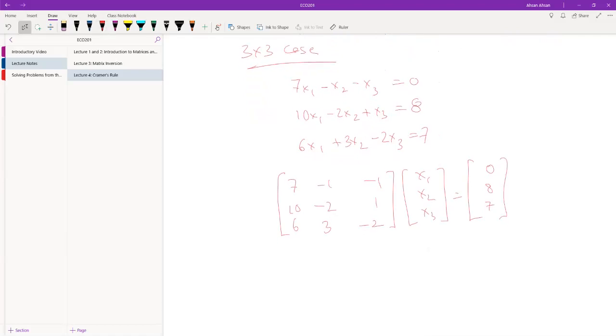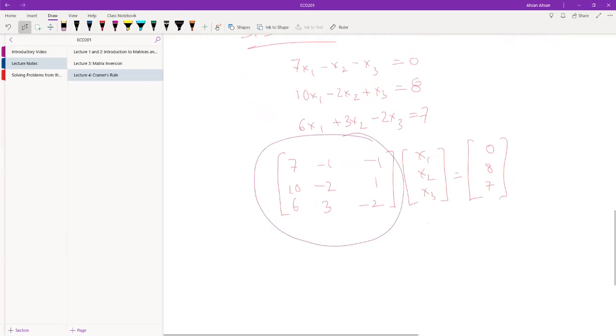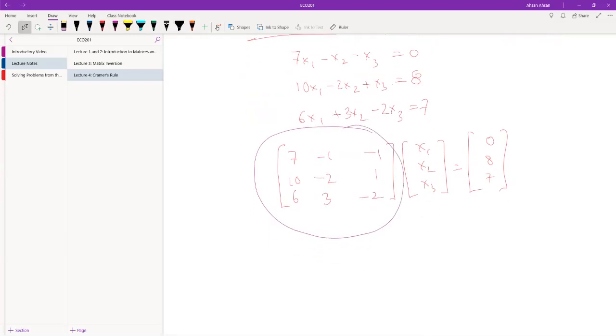Remember, the first step is still the same. What we want to do is take this matrix and calculate its determinant. So if we call this matrix A, the determinant of A is, suppose I pick the first row.